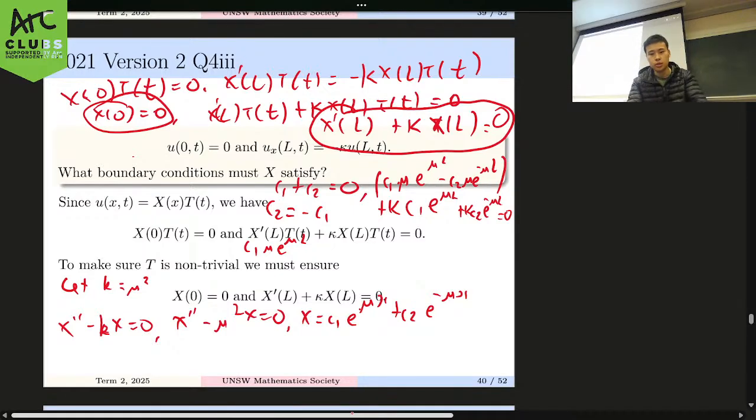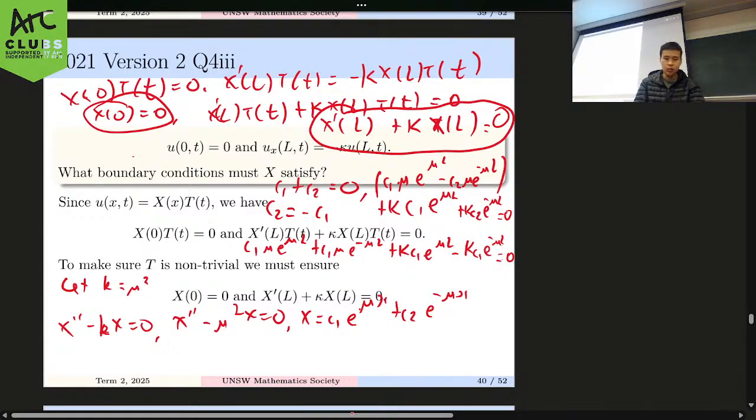Oh yeah, so at this point here, the minus C2, I can replace that with just C1. So I'm doing plus C1 mu e to the minus mu L plus kappa C1 e to the mu L, because C2 again is minus C1, so I'm going minus kappa C1 e to the minus mu L. Okay.